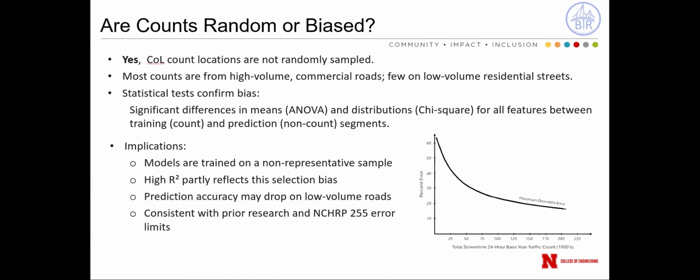This introduces selection bias, meaning our models are likely more accurate on well-traveled roads than on low-volume residential streets. That said, this limitation is common in transportation research, and high-volume facilities are often prioritized for planning and safety studies.